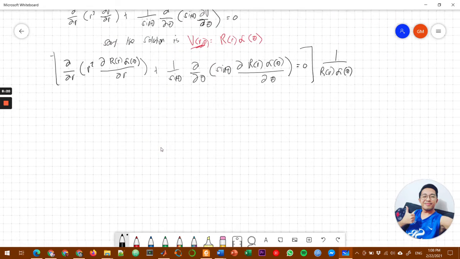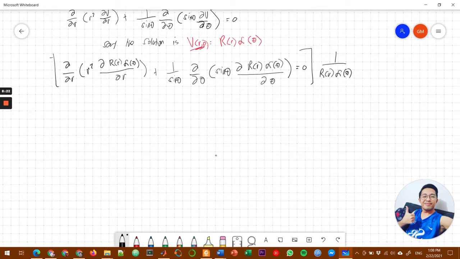Okay. So we have, since we multiply it, alpha of theta will come out, right? So it cancels. But we are left with 1 over, so it is in terms of r. Yeah, right.